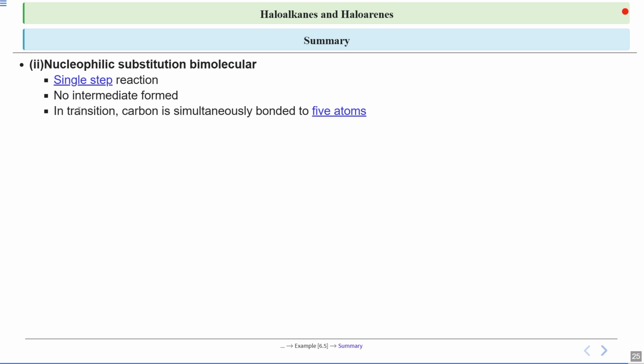It involves a transition state where the carbon is simultaneously bonded to five atoms, which includes three permanent carbon-hydrogen bonds, one incoming nucleophile-carbon bond, and one leaving nucleophile-carbon bond. The rate of this reaction depends upon the concentration of both alkyl halide and nucleophile. It is a second order reaction.